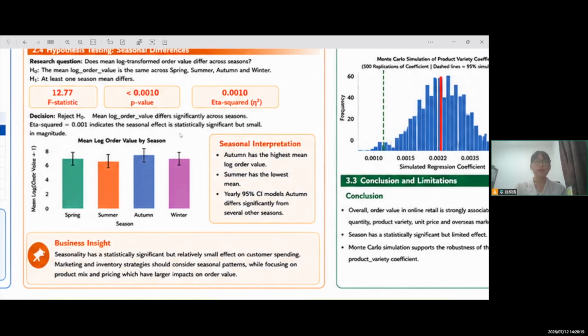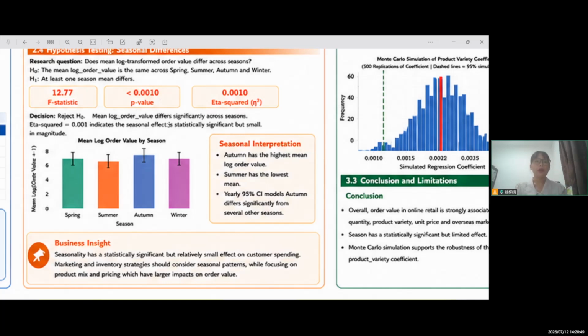The assumptions were reasonably satisfied, so the ANOVA was appropriate. The ANOVA result showed a statistically significant difference with a p-value below 0.001. Therefore, we reject the null hypothesis and conclude that customer spending differs significantly across seasons.